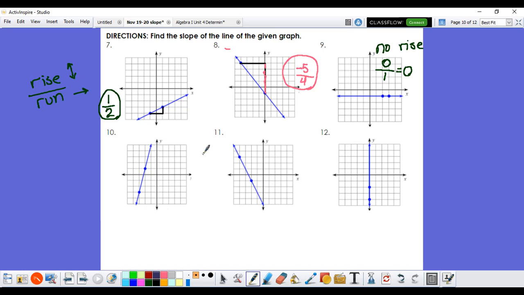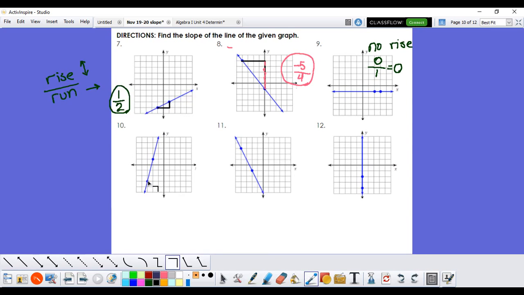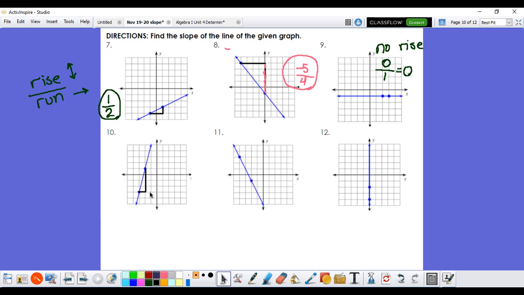Okay, here's another one. We're going to check the right angle between these 2 points. From this point to this point, I will be going from left to right. It's very slight, but from left to right, I am going up. So I'm going to count up 1, 2, 3, 4.